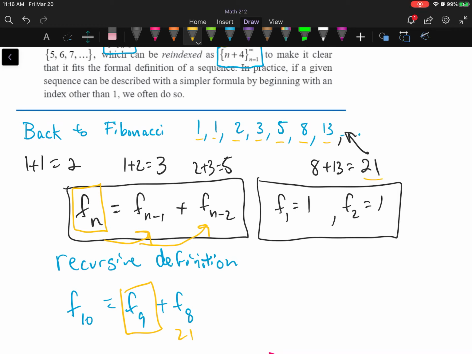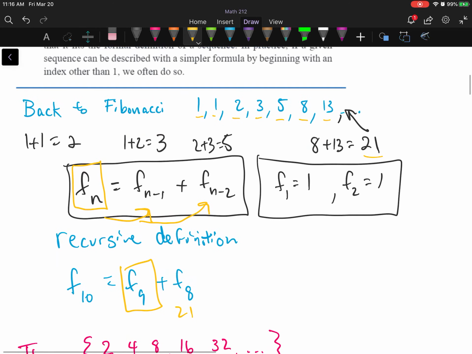But this would be even worse if I wanted to know the 100th Fibonacci number, because I would literally need to go and figure out the 99th, the 98th, the 97th, and so on. There's no skipping ahead when you have a recursive definition.